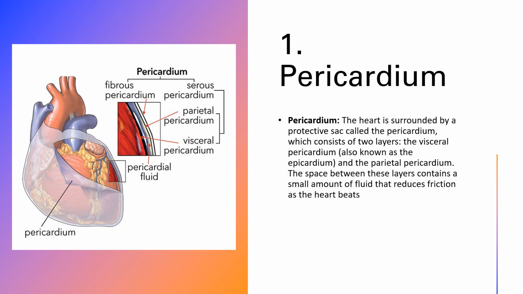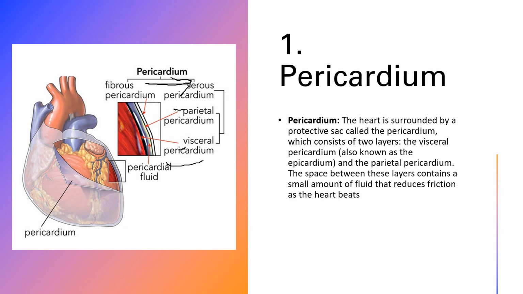Now coming to the pericardium. The pericardium is a protective sac of the heart, which protects the heart from external injuries. This pericardium is divided into two parts: fibrous and serous pericardium. The serous pericardium is again divided into two parts: parietal pericardium and visceral pericardium. The visceral pericardium is also called the epicardium.